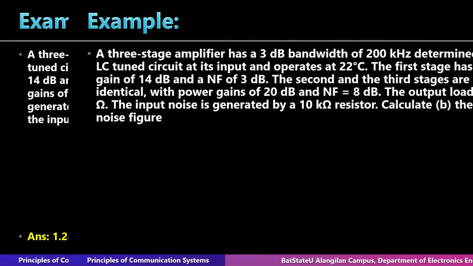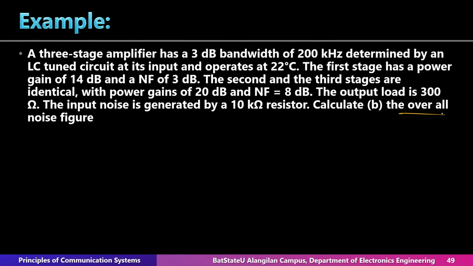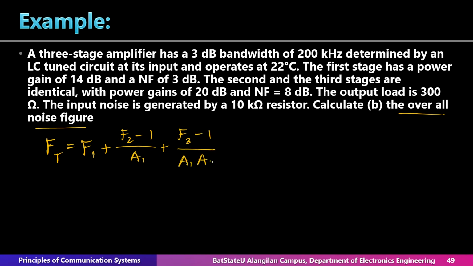Okay? Next. For letter B, ano daw ang overall noise figure? Ang overall noise figure, makompute natin mula sa noise factor. Diba? Yung Friis formula. Kunin muna natin yung noise factor, which is F1 plus F2 minus 1 over A1 plus F3 minus 1 over A1, A2.